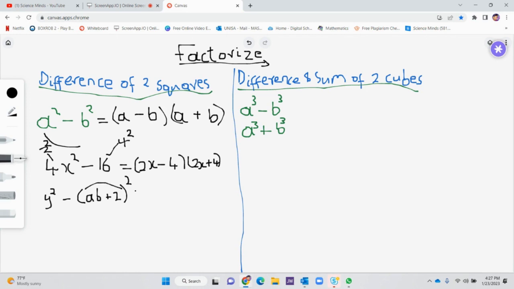So this whole thing is a square. So factorization of that would be y minus (ab plus 2), and then we're going to have another bracket, which is y plus (ab plus 2).